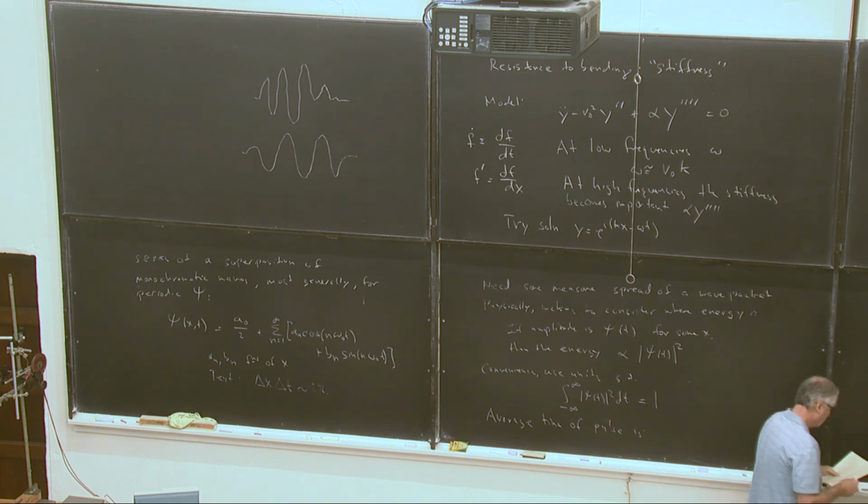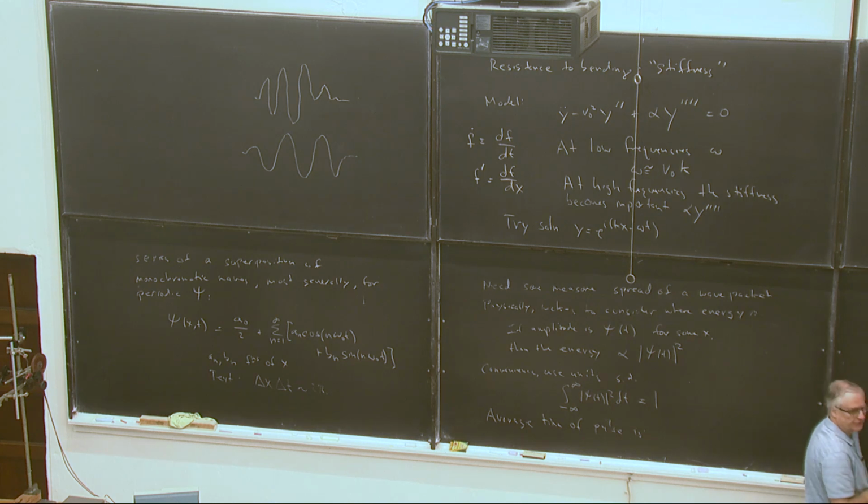So I'm going to use a bracket like that to denote an average. That's kind of a physicist's notation. So what's that average? That average is just the integral of t times psi of t squared dt.